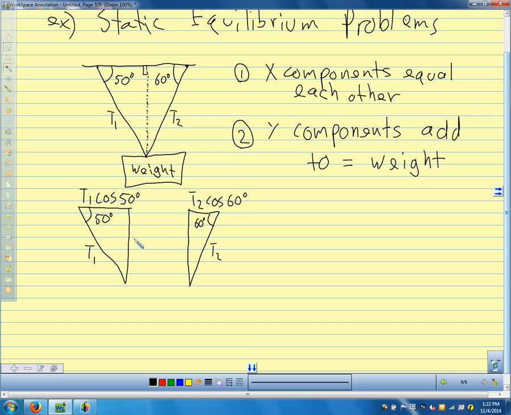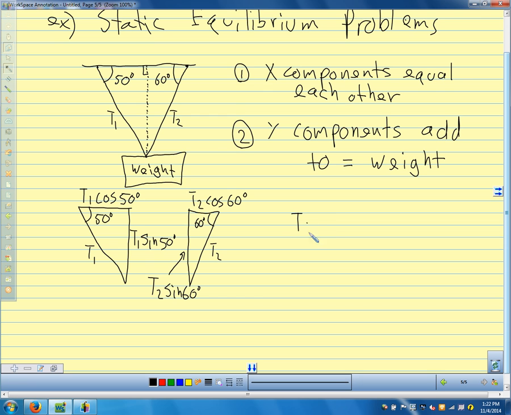This is the opposite side, so how do we find this side? T1 sine 50 degrees. And this side, T2 sine 60 degrees.